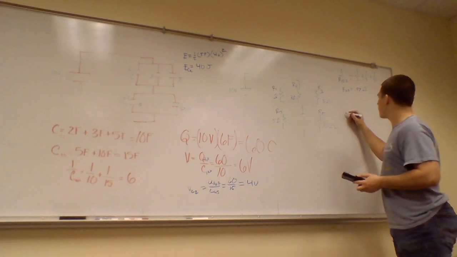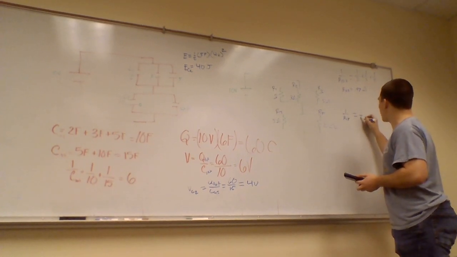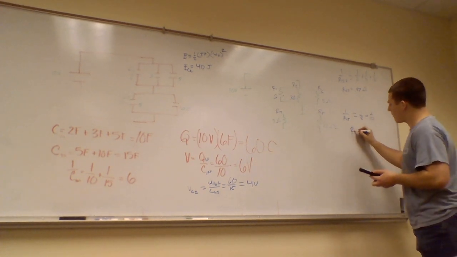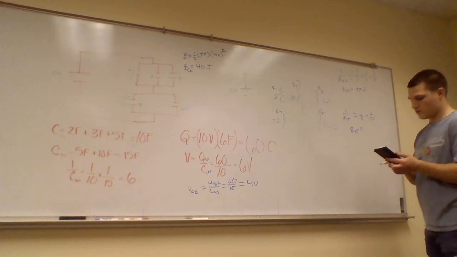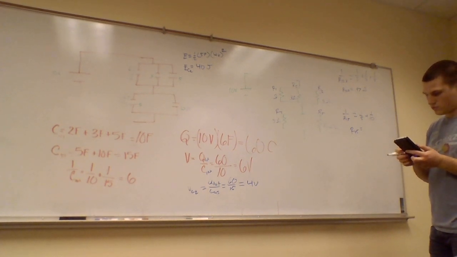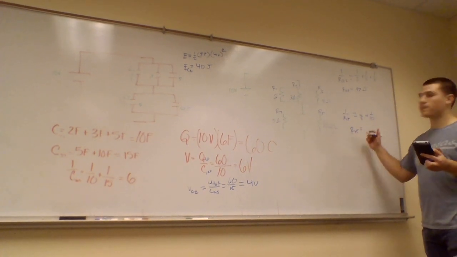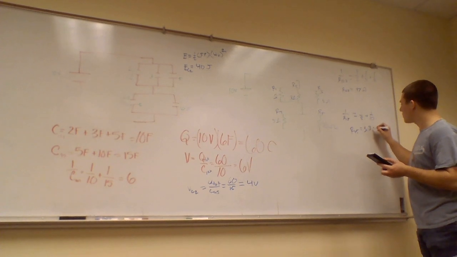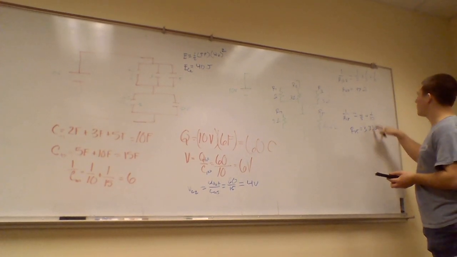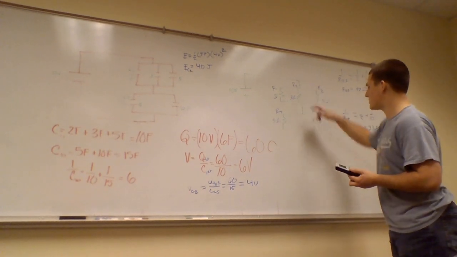And then 1 over R45 equals 1 over 5 plus 1 over 10, so R45 equals 3.33 ohms. So we have 0.97 ohms and 3.33, and now you can think of these as condensed.